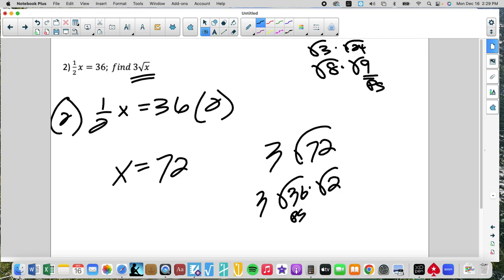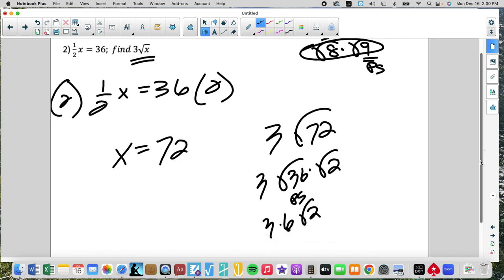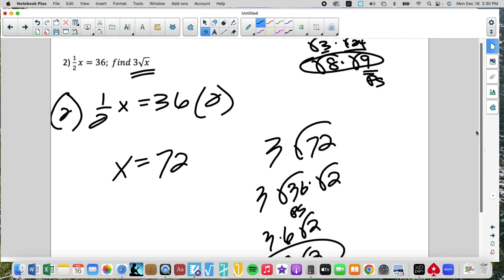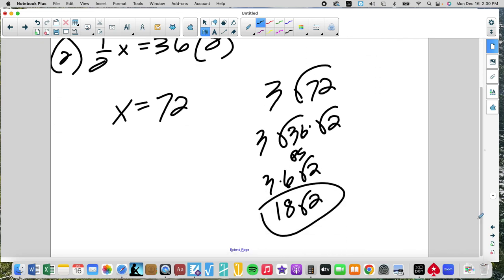Why wouldn't you pick that? Because neither of these are perfect squares. When you break up your factor pairs, you want one of those to be a perfect square in order to simplify. And rad 36 is a perfect square, so it becomes 6, and you get 18 rad 2 as your answer. So 3 rad x simplifies to 18 rad 2.